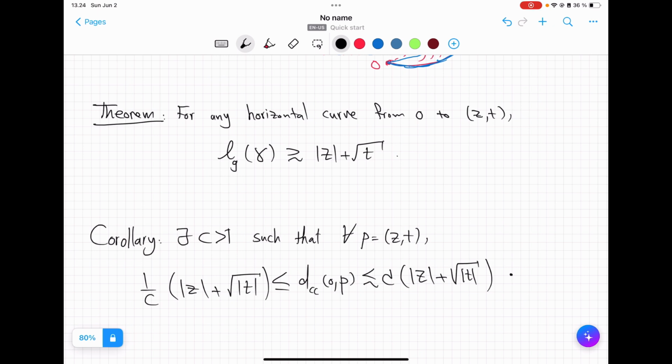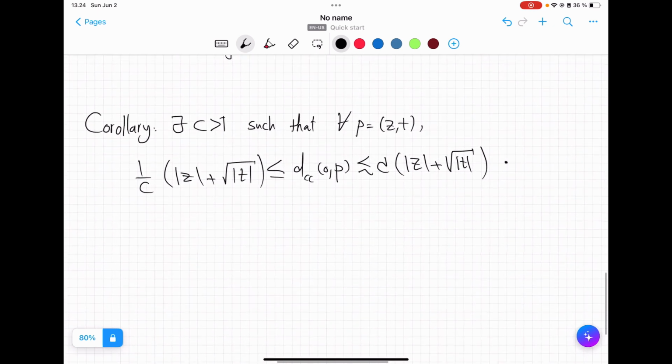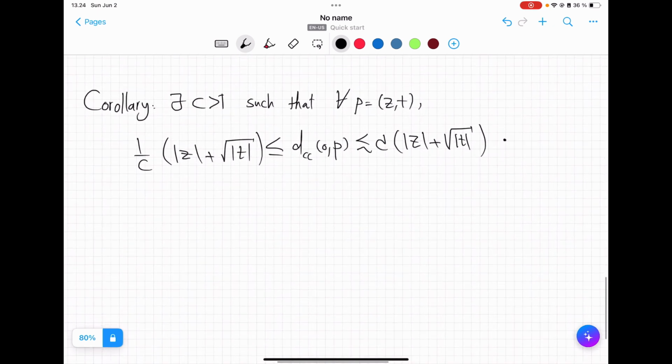So this gives, up to a constant, a very good understanding of how distances behave in Heisenberg group H1. Remember that we have avoided any mention of the group structure of the Heisenberg group, and that makes it difficult to talk about the Carnot distance of arbitrary points.